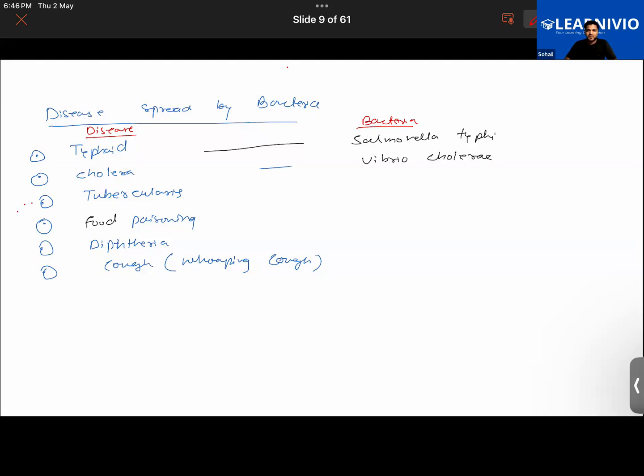Also, diseases have got different stages. For example, cholera has 2 or 3 stages. So every disease has different stages. You might have heard of this: dengue has a life cycle of almost 10 to 12 days.